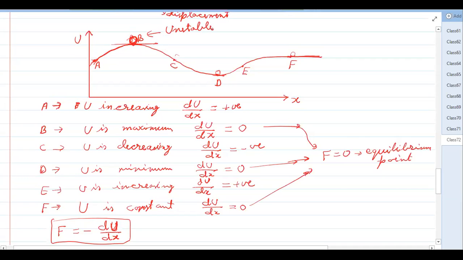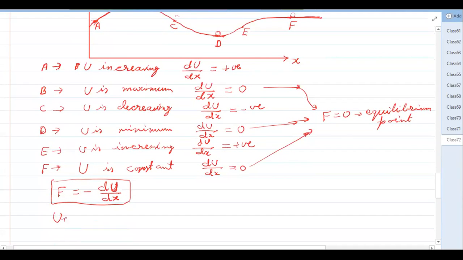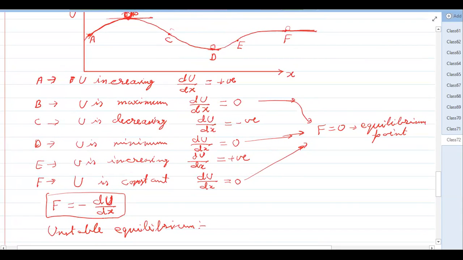Unstable equilibrium. So what is the meaning of unstable equilibrium? I'm writing here: unstable equilibrium. If you displace the object slightly from its equilibrium, it will lose the equilibrium. It will move further and lose the equilibrium.